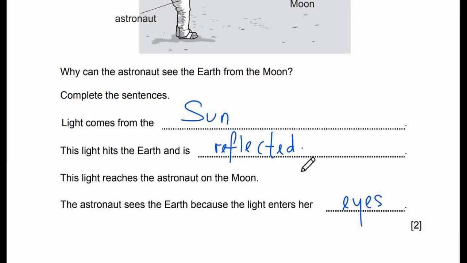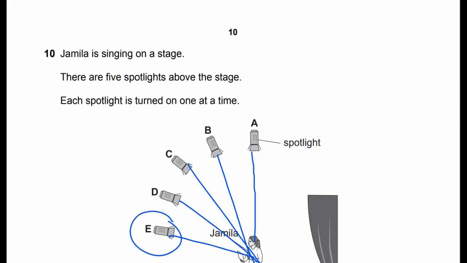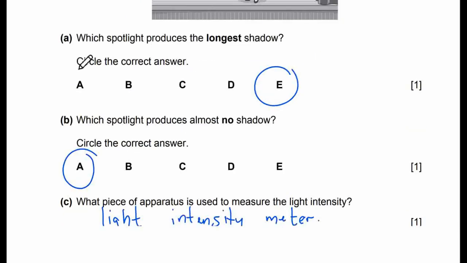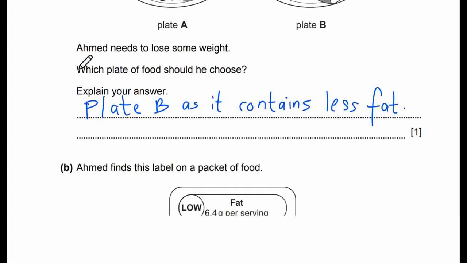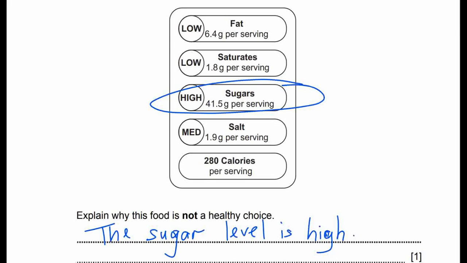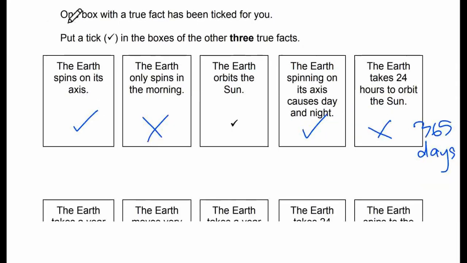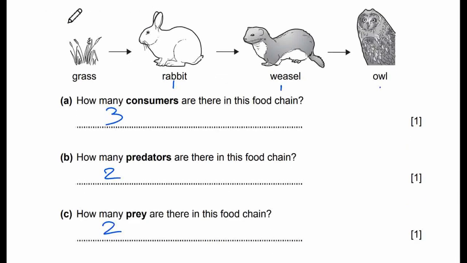Okay, this is our last question. I will scroll up from the top so you can take a screenshot of the mark scheme. So this is number 10. This is 10A, 10B, 10C, and this is number 11, and this is number 11B. This is number 12, and this is number 13.